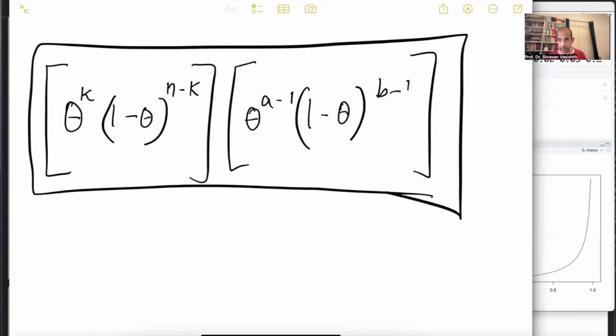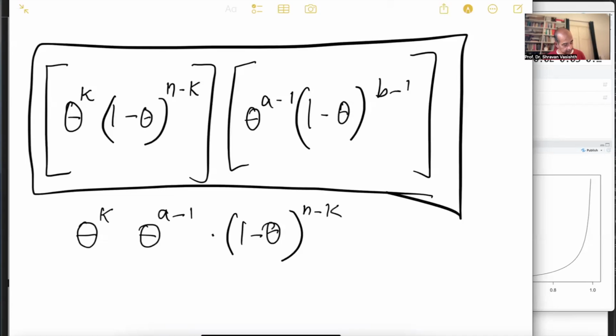And so I'm just going to rearrange these terms now. I'm going to put the thetas together: theta to the k times theta to the a minus 1 times 1 minus theta to the n minus k times 1 minus theta to the b minus 1, right?